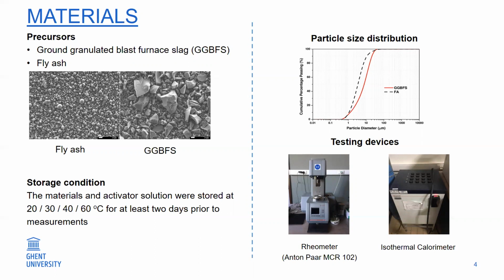As for the storage condition, all the materials and the activator solutions were stored at 20, 30, 40, and 60 degrees for at least 2 days prior to measurements. For the testing devices, we were using the rheometer to evaluate the rheological behavior of the AAC paste, and the isothermal calorimeter to investigate the heat evolution of the AAC paste.